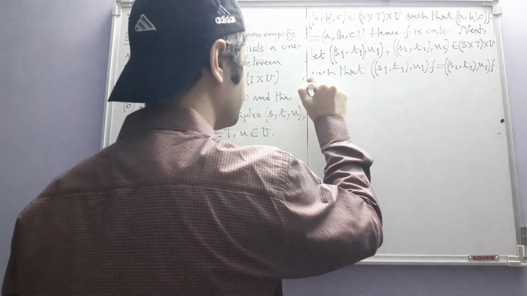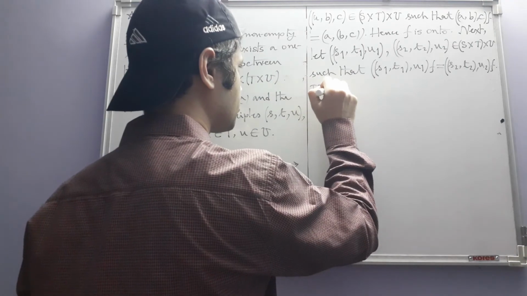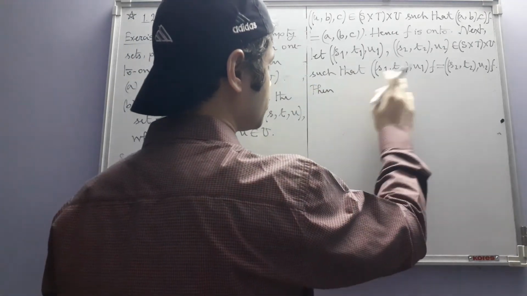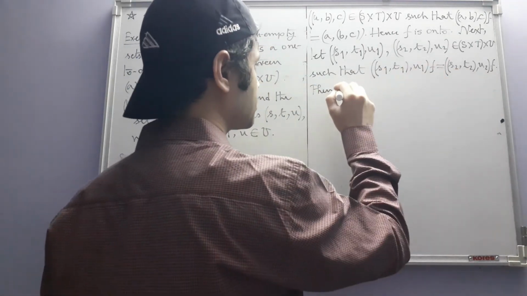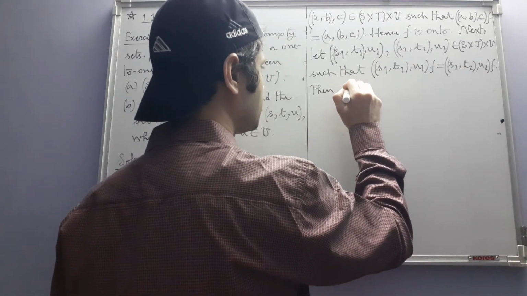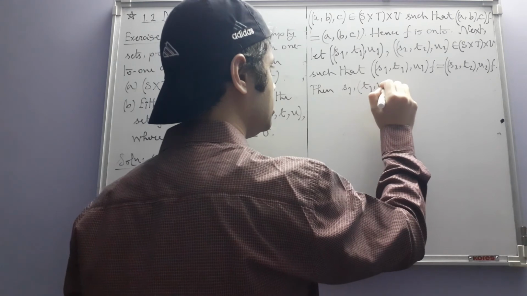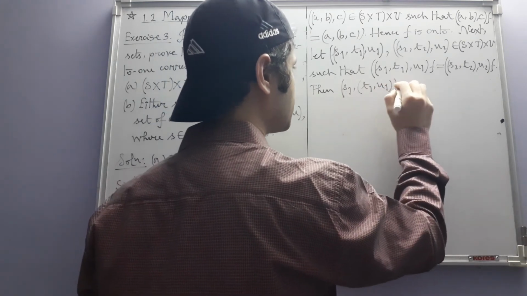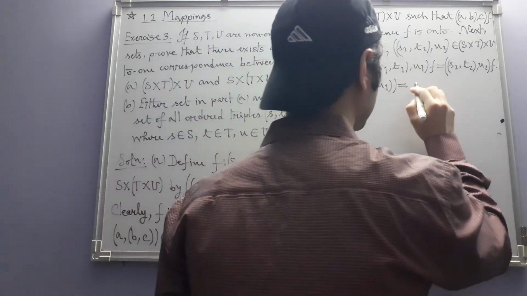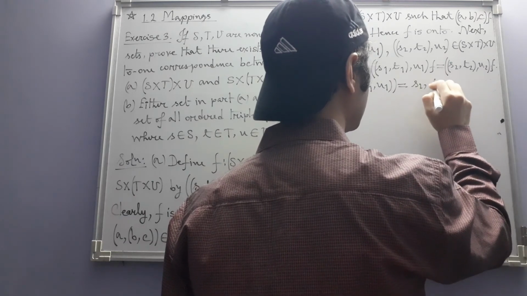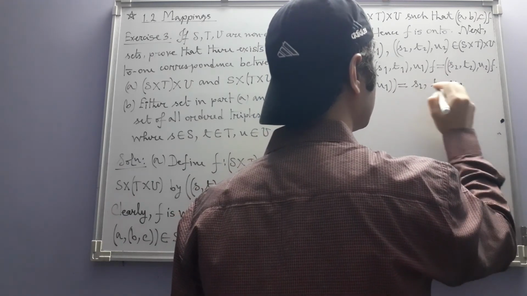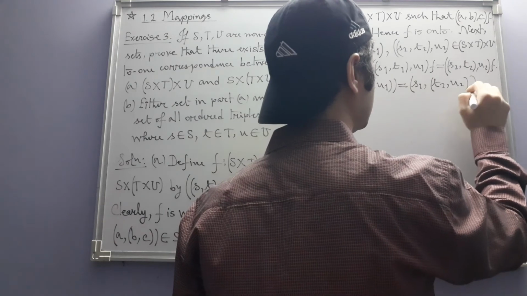Okay, then according to the definition of this function, we now have (s1, t1), u1 is equal to (s2, t2), u2.